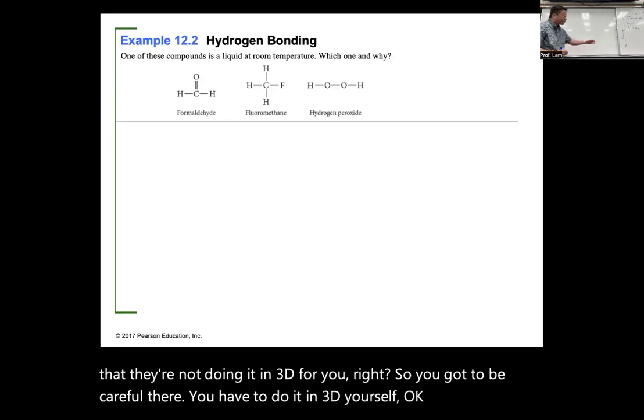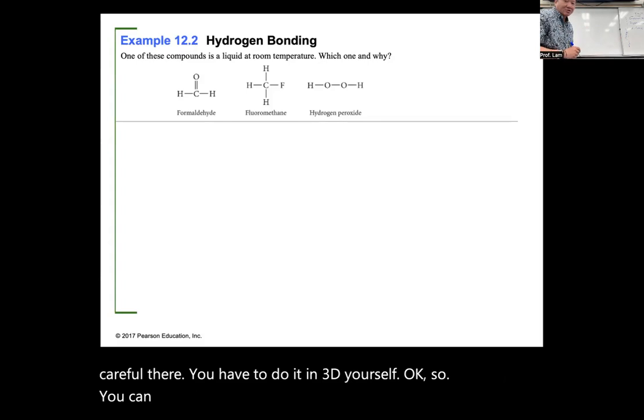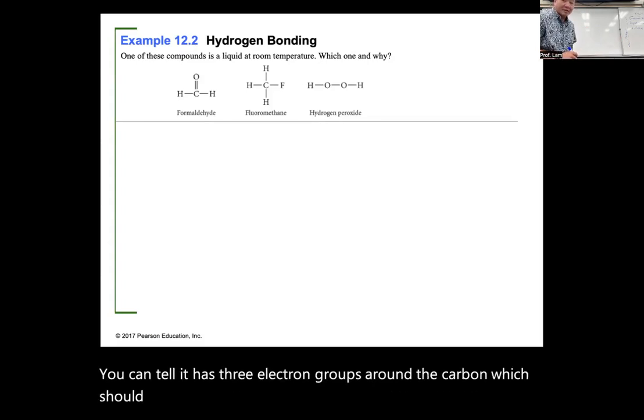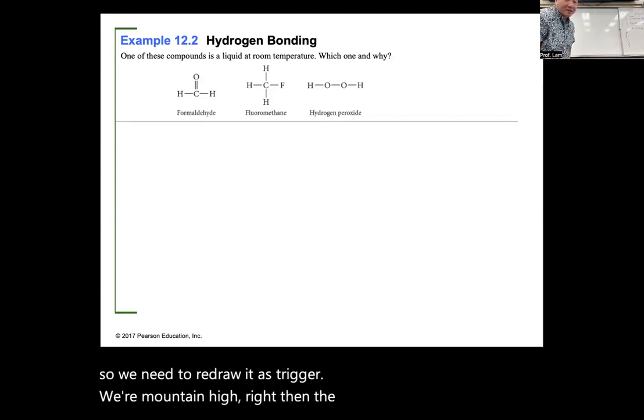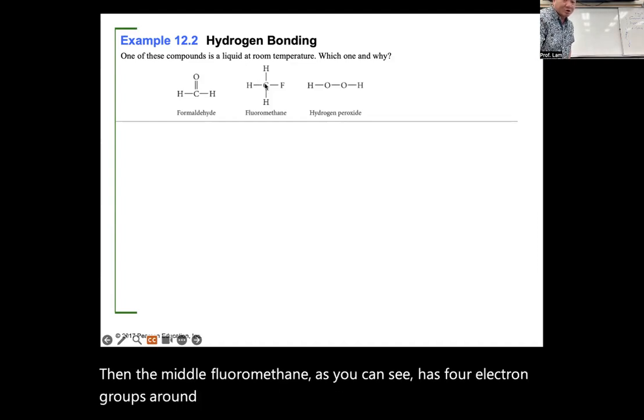So you can tell it has 3 electron groups around the carbon, which should be trigonal planar, but they didn't draw it as trigonal planar. So we need to redraw it as trigonal planar. Formaldehyde, right? Then the middle one, fluoromethane, has 4 electron groups around it, but they're drawing it as a cross.